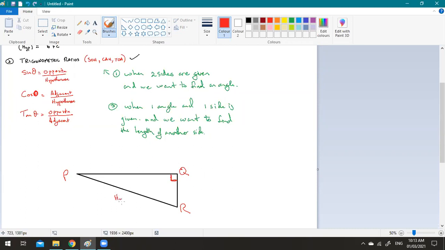So therefore, this is the hypotenuse. Opposite the point R is small r, opposite the point P is small p. And we can write the formula. Can anybody write the formula in terms of P, Q, and R for me for Pythagoras theorem?